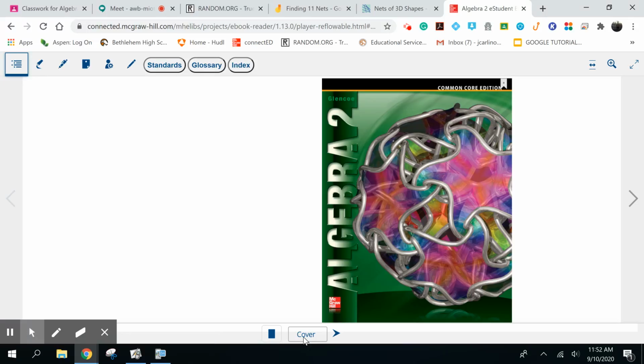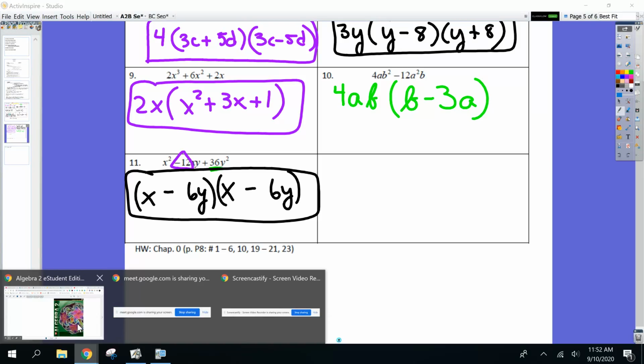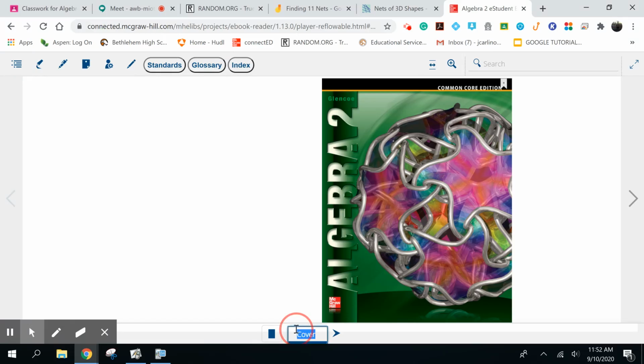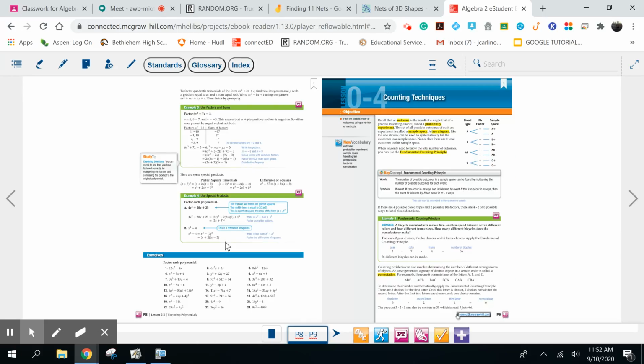It says cover down here right now. And your assignment is page capital P8. That's literally what you guys have to type in here. You got to type in capital P8. And it'll bring you to the page you need right here. Okay? So I just wanted to give you a little warning. You have to type in capital P8 to find the actual page.